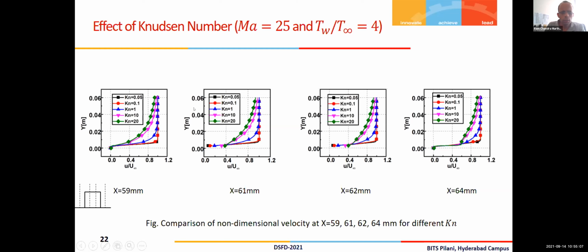So for all the cases, we see that as Knudsen number increases, that is the green curve, the effects of the bottom wall are felt to a larger distance away from the bottom surface. So that's understandable because the flow is more rarefied and the molecular effects can propagate into the free stream much better than for the continuum flows.